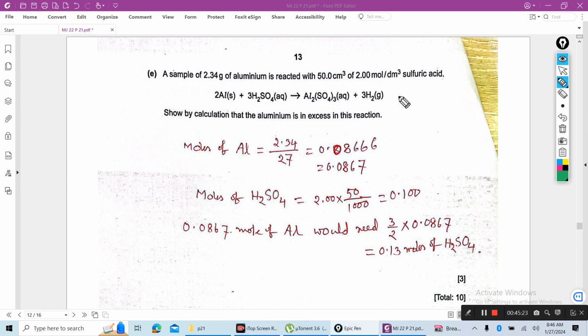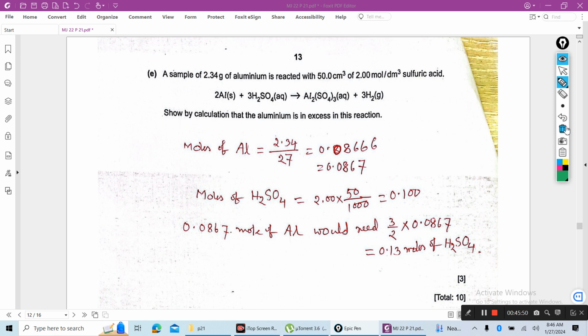Also the equation is given. Aluminium reacts with sulfuric acid to produce aluminium sulfate and hydrogen. Show by calculation that the aluminium is in excess in this reaction. Here aluminium is in excess, you will have to show.